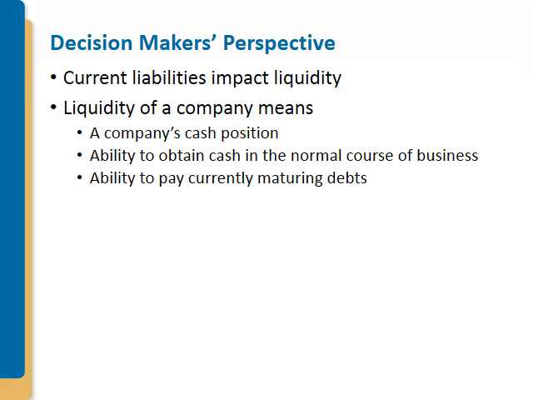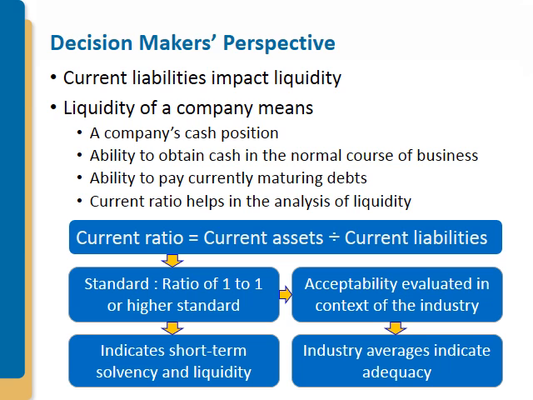To measure the company's liquidity, we compare liabilities that must be satisfied in the near term with assets that either are cash or will be converted to cash in the near term. The current ratio is determined by dividing current assets by current liabilities. It is a measure of short-term solvency.